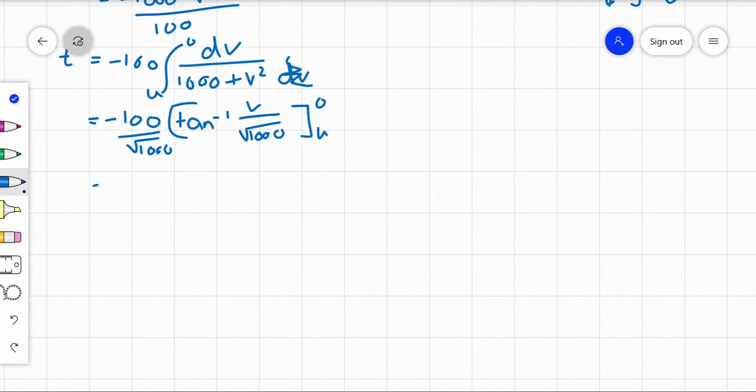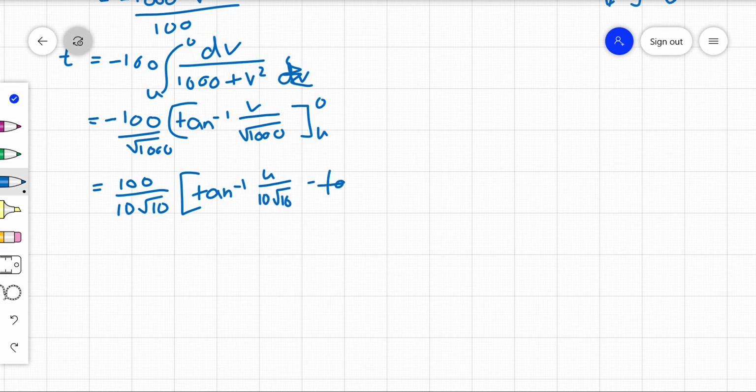All right. So here we've got 100. We're going to have 10 root 10 if I simplify that third. I'm going to change the limits. So we're going to sub in u first, so I have inverse tan of u on 10 root 10, minus inverse tan of 0.